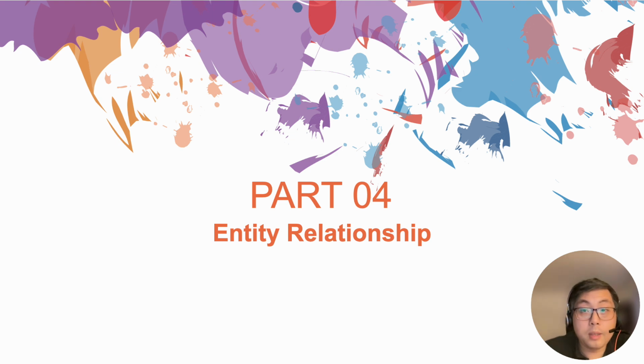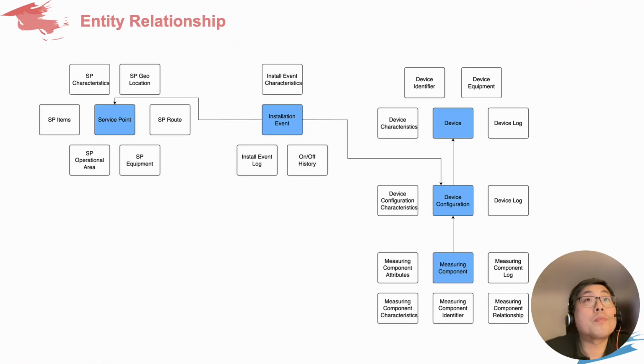Okay, let's look at the entity relationship. Here are the five main objects we talked about today: service point, installation event, device config, and measuring component. There are a lot of child tables, and a few of them we already talked about. For service points, you would have characteristics, and you have the SPGO location, which stores MPAN information.